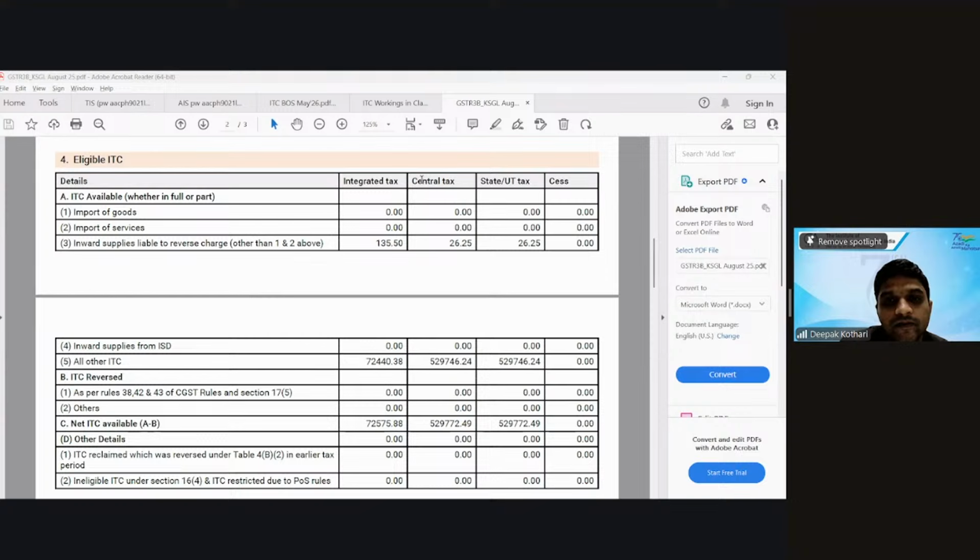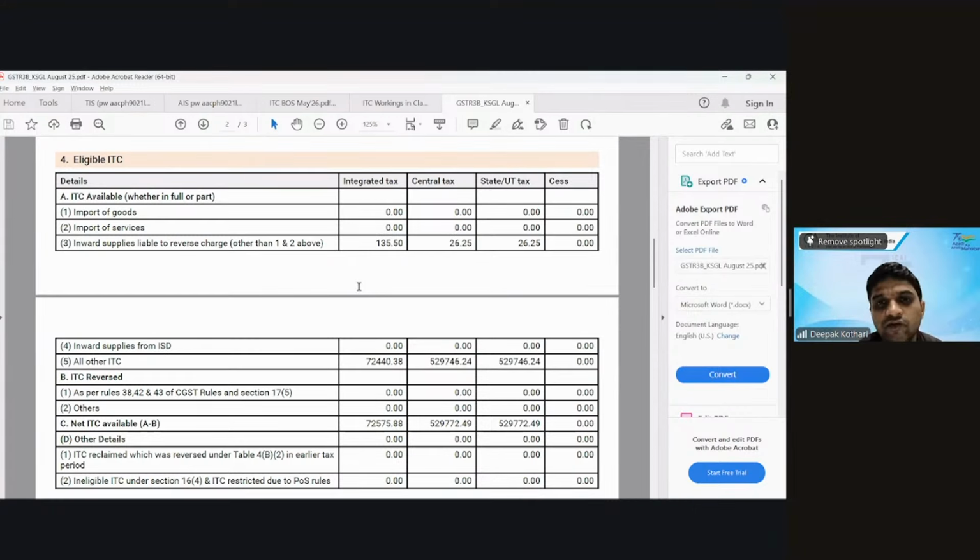Hello, sir. In chapter 3, charge of GST, under the concept of IGST, we can utilize CGST and SGST. But as per the 3B return, we only use IGST. But in chapter 3, they are saying that CGST and SGST payments are utilized for IGST payment. Is it appropriate or not?